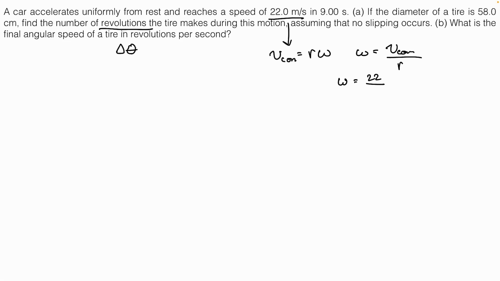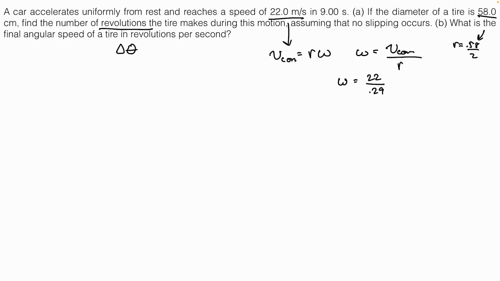What's the radius of the tire? The radius is 0.58 divided by 2. So watch out. Diameter, radius, how easy is it to mess those up? Pretty darned easy. Hopefully you're smarter than I am. What did I get for that? 0.29 is what I got.